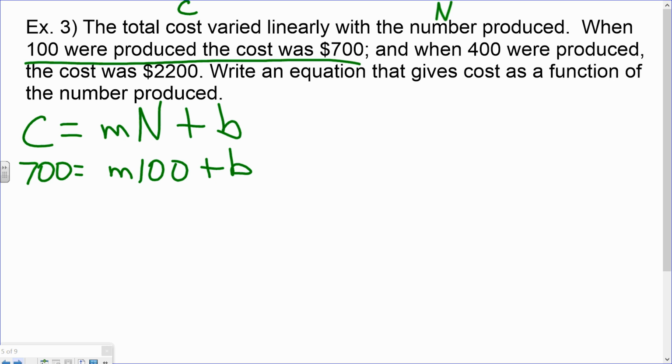How many variables are in that problem now? 2. Can you solve one equation for 2 unknowns? So we need a second equation. So linear variation is going to have to give you 2 cases before they can ask you about a third case to find something that's missing. So second case is 400 were produced. The cost was 2,200.